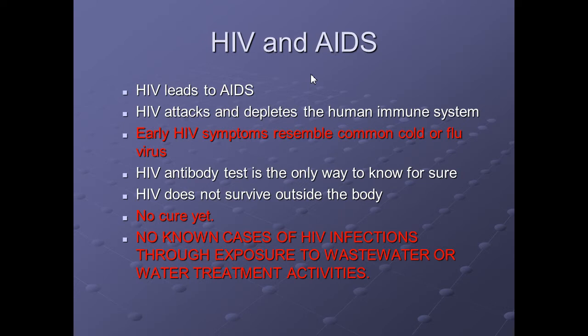Those are ways that you could get the HIV gene that can lead to AIDS. So your early symptoms resemble a common cold, your flu virus. Your antibody test will show you if you have HIV present. So this is not contact from water or wastewater.